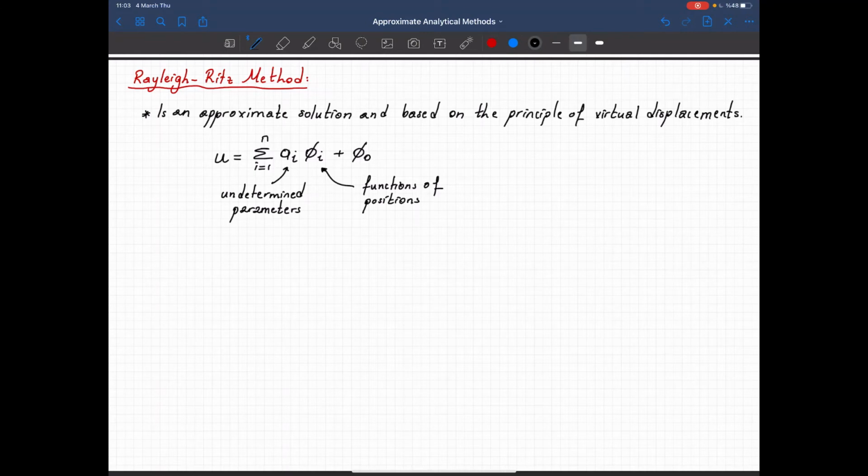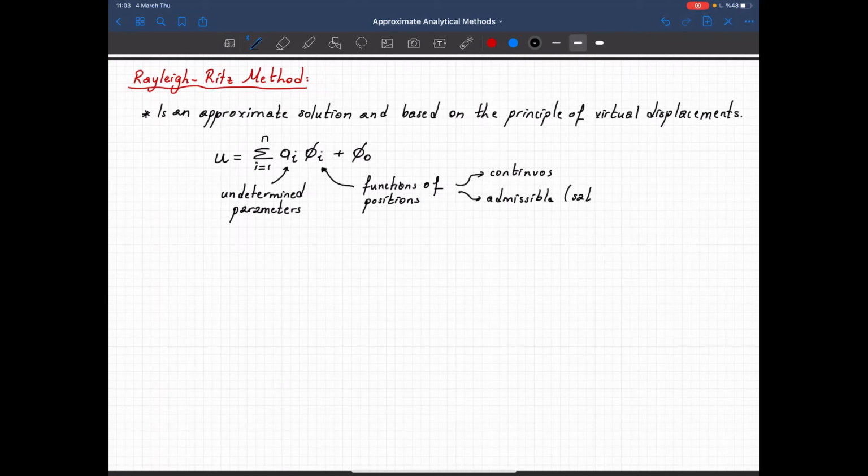So we said that it's based on the principle of virtual displacements. In other words, based on the variations. So the functions that we have to use should obey some rules, right? They have to be continuous and admissible. So what do we understand from the admissible?